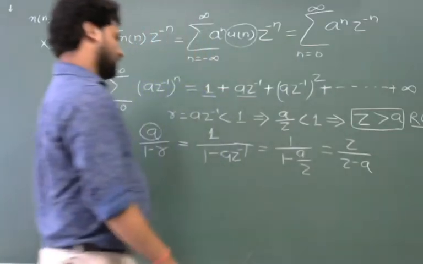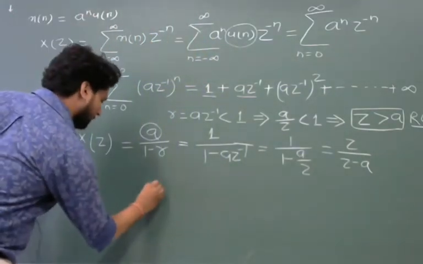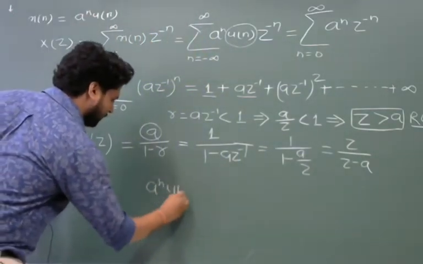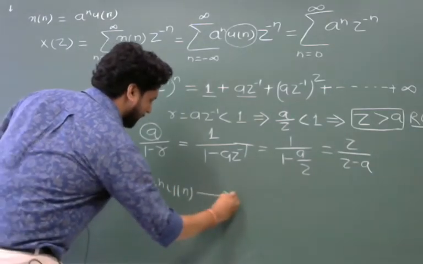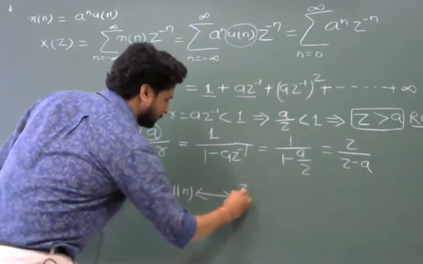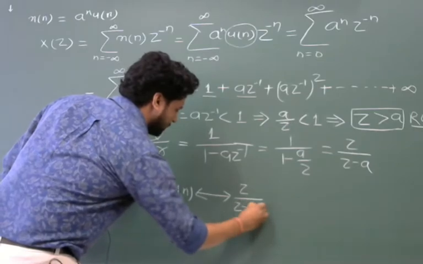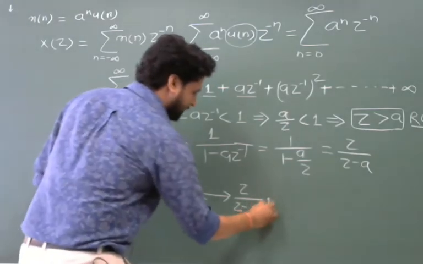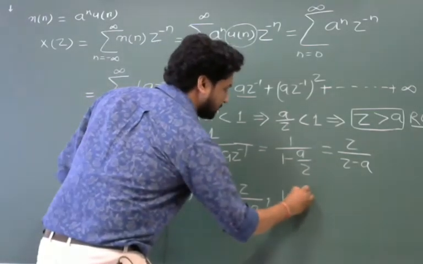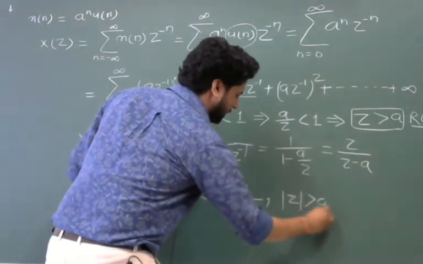So this is the z transform of a power n u of n, which is equal to z upon z minus a, with the certain limitation on z, that mod of z should be greater than mod of a.